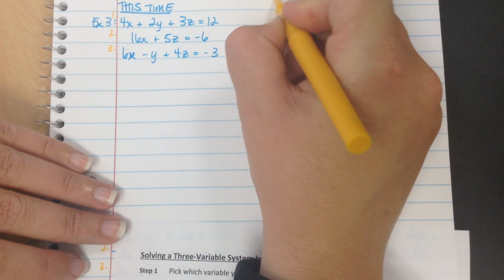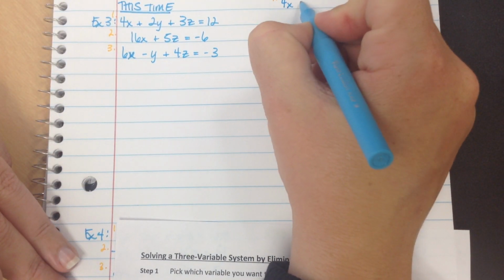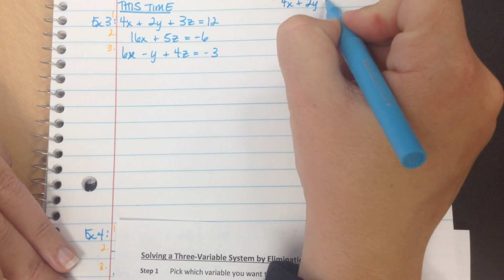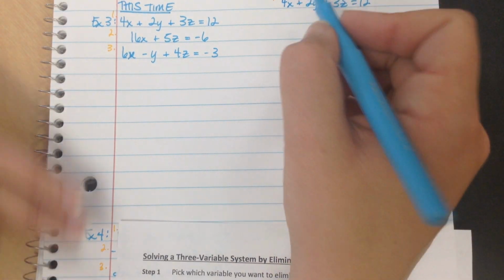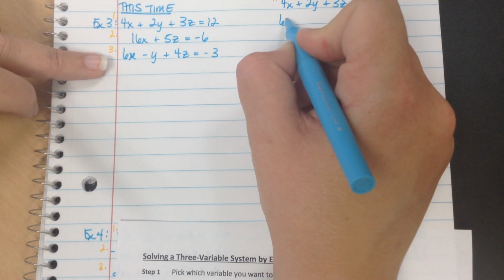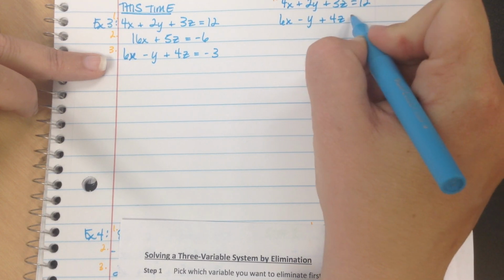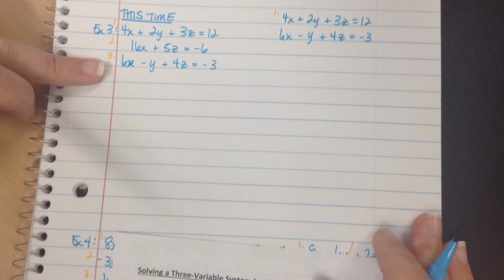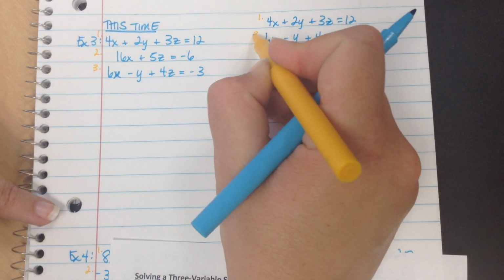So here is equation 1, 4x plus 2y plus 3z equals 12. And then equation 3, we've got 6x minus y plus 4z equals -3. Oh, sorry. So this is equation 3.